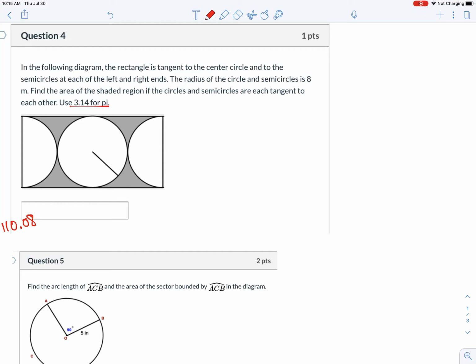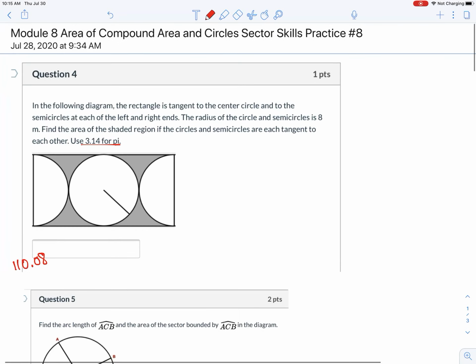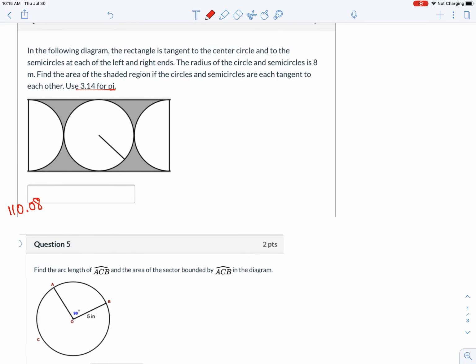Well, here we go. This is a compound area because we've got a big rectangle and we're taking away essentially two circles. I'll draw a picture here. We want to have a big rectangle and then we take away two of these circles.